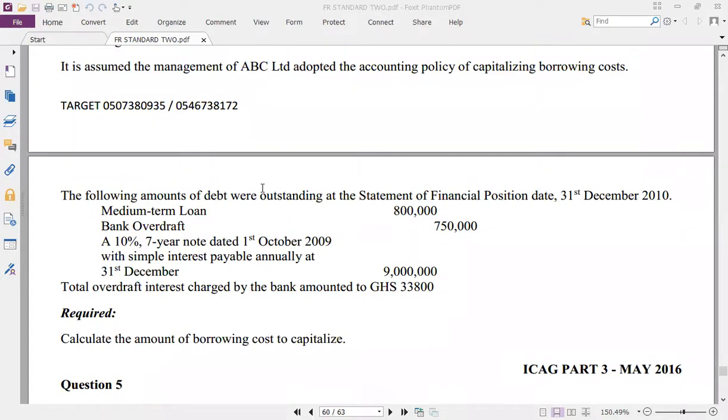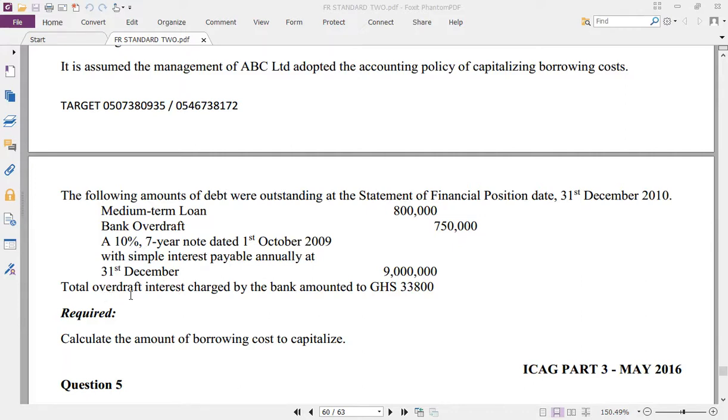Okay, so the following amount of debt were outstanding at the statement of financial position date, 31st December 2010. Medium term loan 800,000. Bank overdraft 750,000. 10% 7-year loan note dated 1st October 2009 with a simple interest payable annually at 9,000.